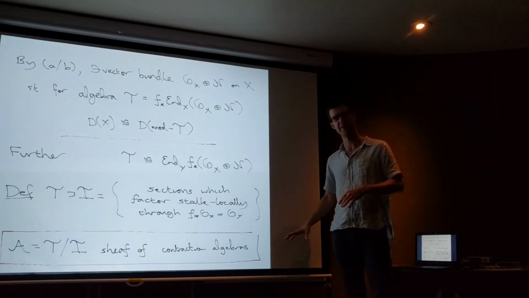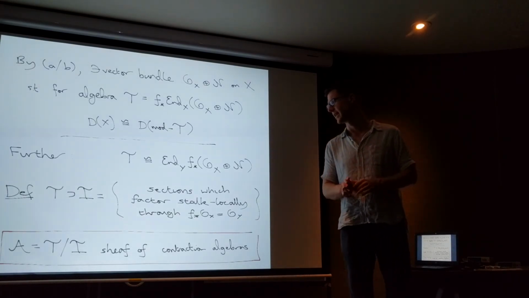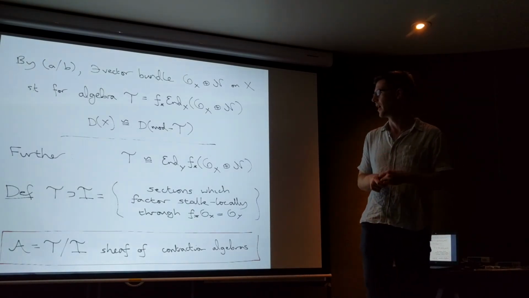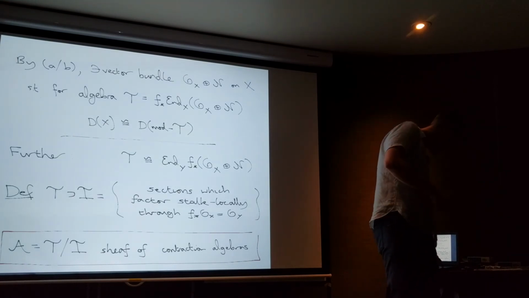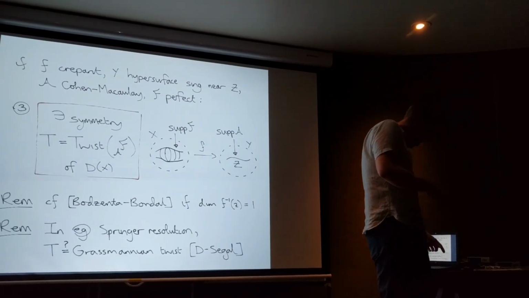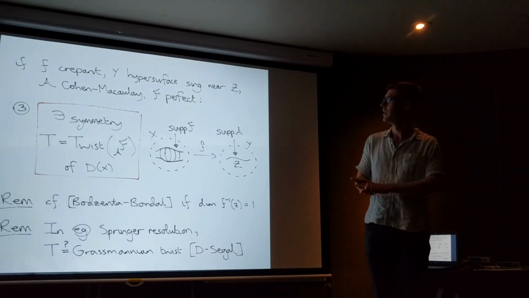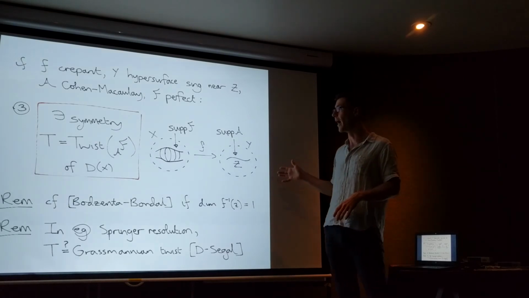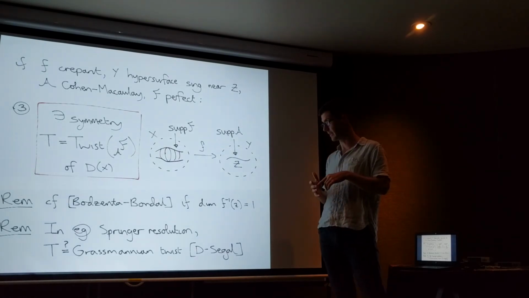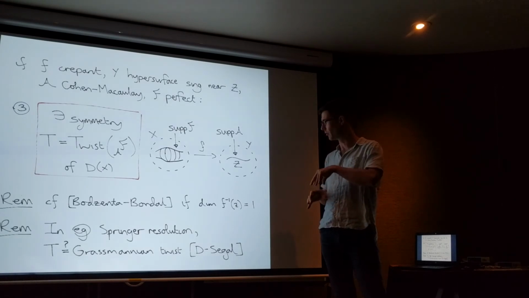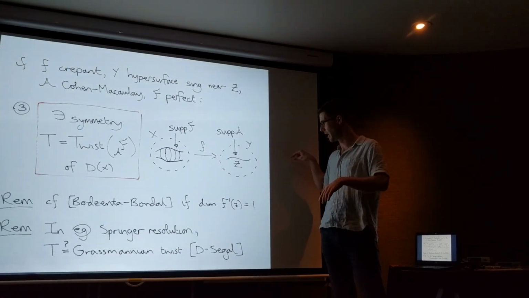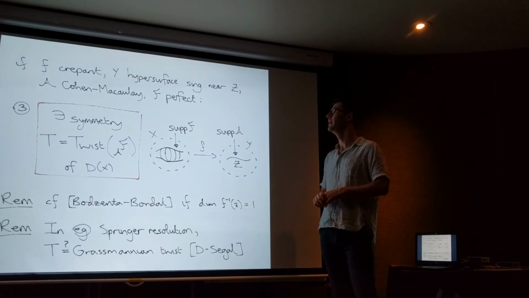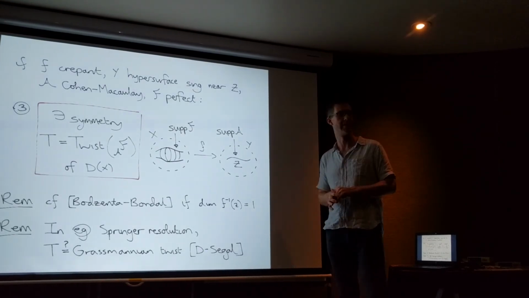We quotient by that, and we get the sheaf of contraction algebras, this A. I won't say how F is induced, but under these assumptions, we want F to be crepant, and some assumption on singularities of Y, so I want them to be hypersurfaces in the complete local rings on Z in Y, and some extra conditions that A is Cohen-Macaulay and F is perfect.